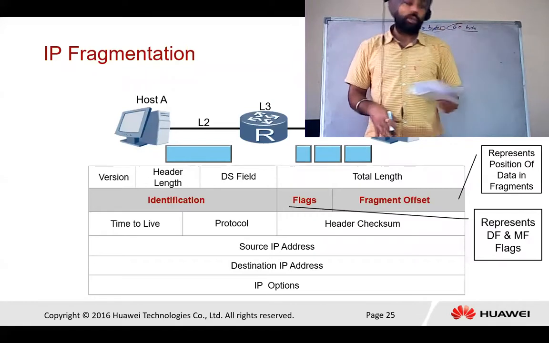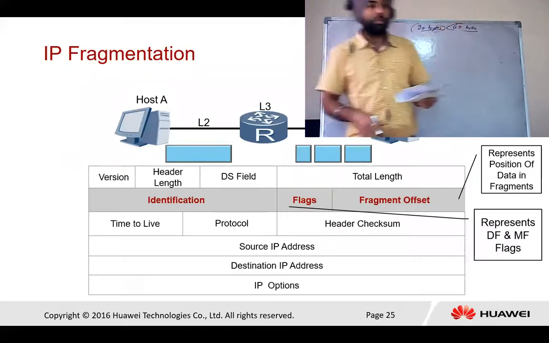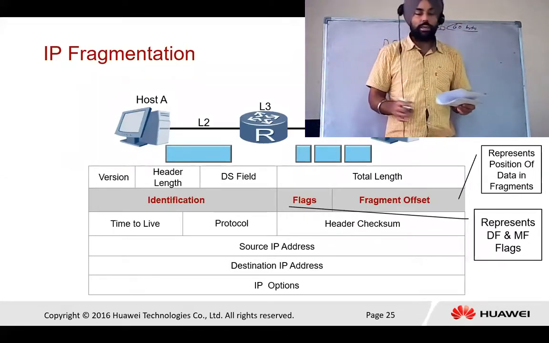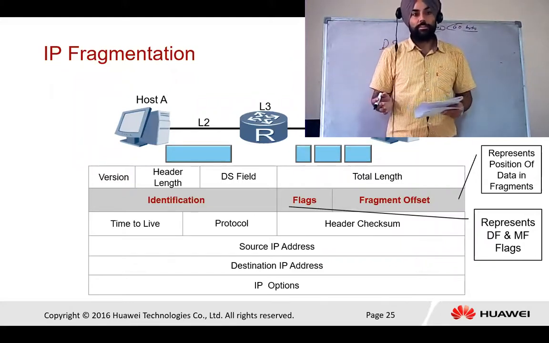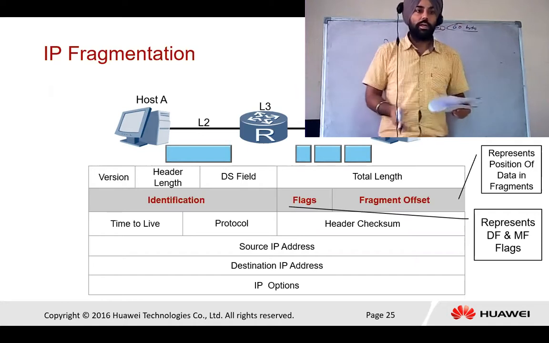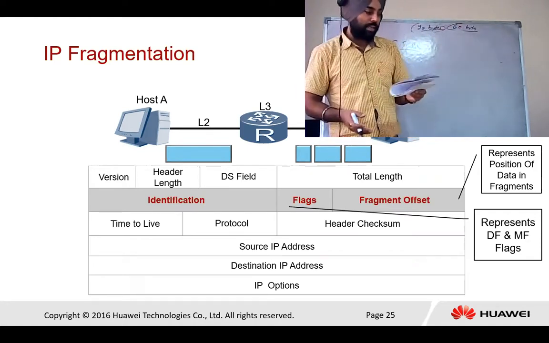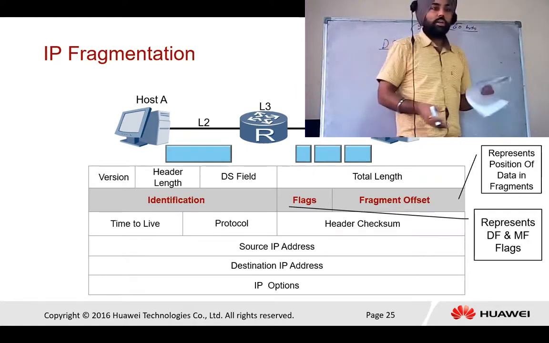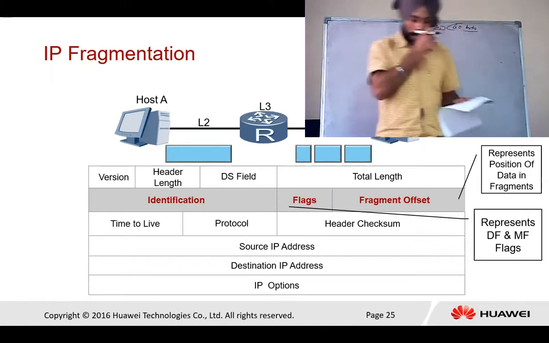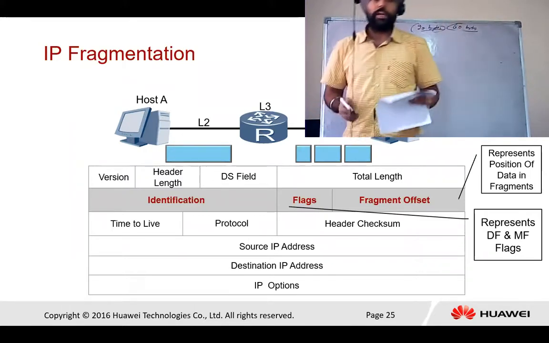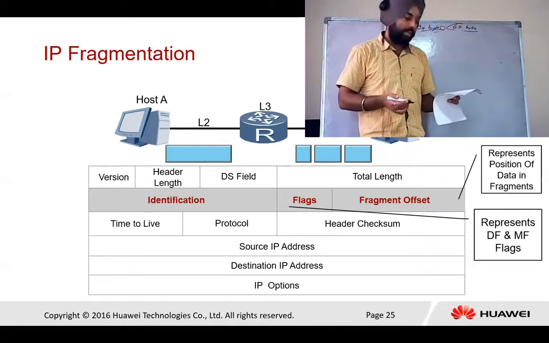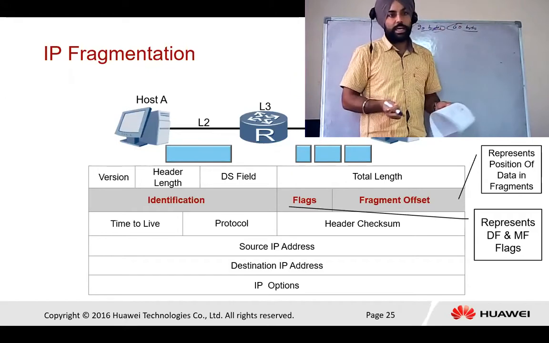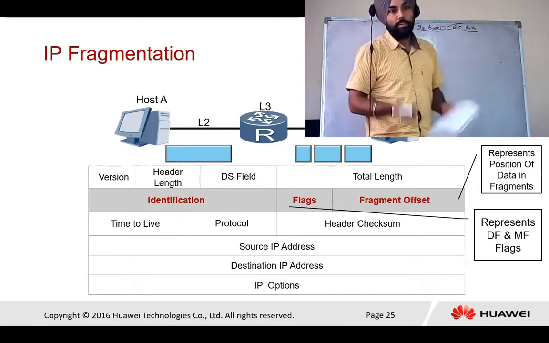Next is the total length, which tells the total length of the IP header plus the data field. Then the identification part. This field is used to uniquely identify a group of fragments of a single IP packet.